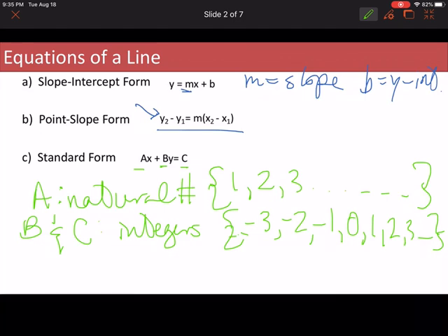For those who may remember, and this is something we're going to need in trig, the letter for integers is Z. Natural numbers is N, but integers is tricky. Anyway, I digress. The A must be positive and a natural number. B and C must be integers. No decimals, no fractions for them.